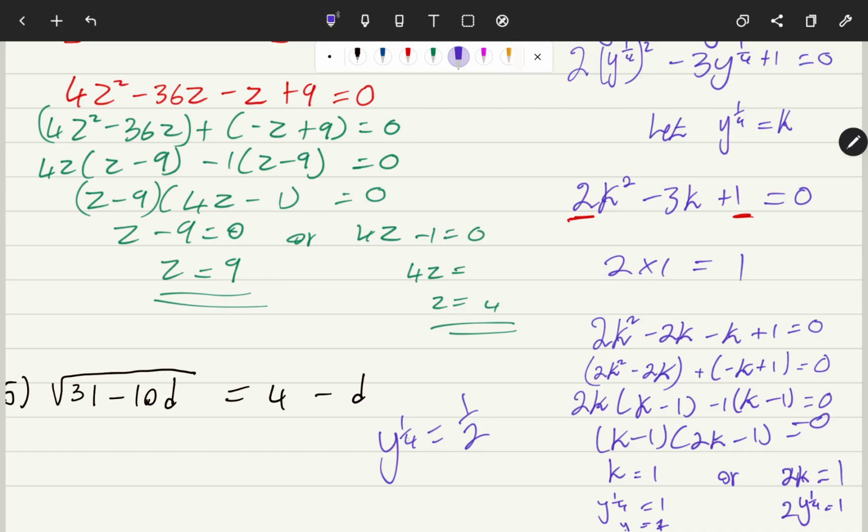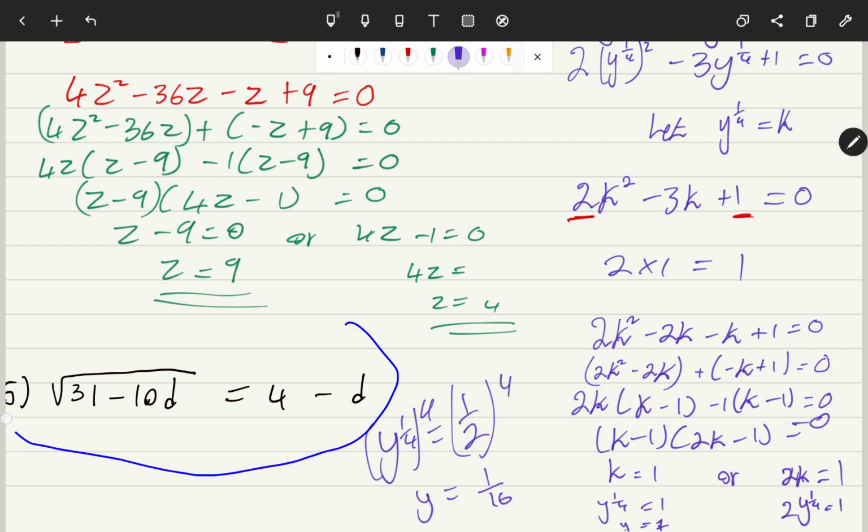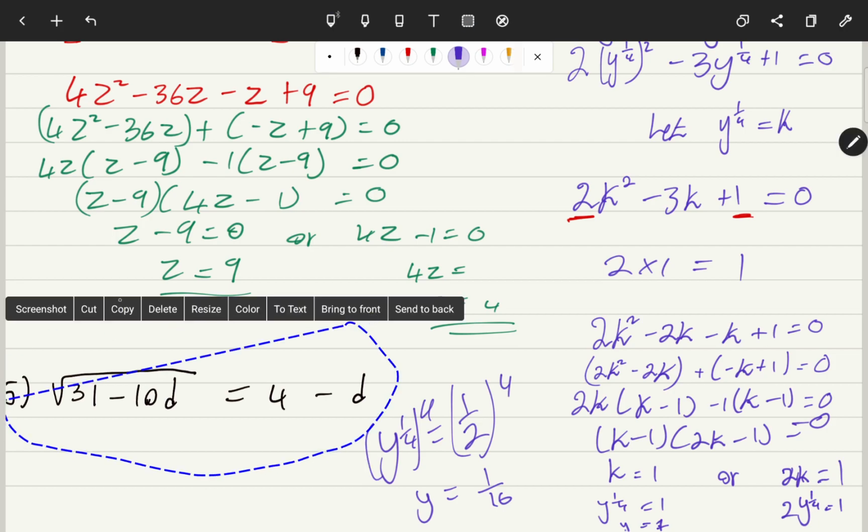You raise everything to the power of 4, so y equals 1 over, I think, 16. Then you have your answer. Cool, that's the problem. And yeah, I don't have space for the last one, so I'm just gonna copy this into the next page.